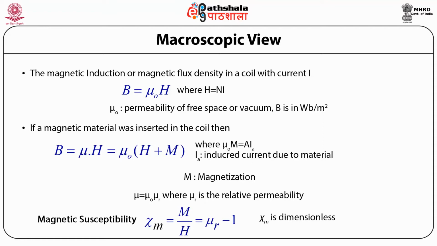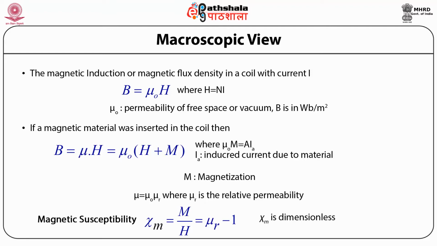So here eta m, similar to dielectric materials, can be thought of as a parameter which expresses the magnetic response of electrons in a material to the applied magnetic field and is a dimensionless quantity.